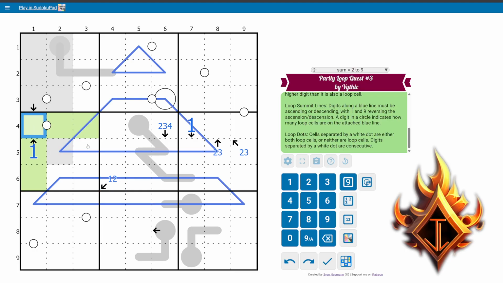That is even because it makes a corner. That one is odd because it goes straight through. This only has 1.